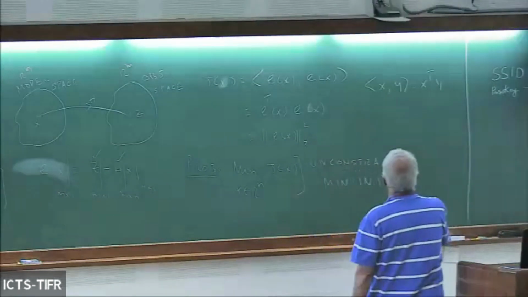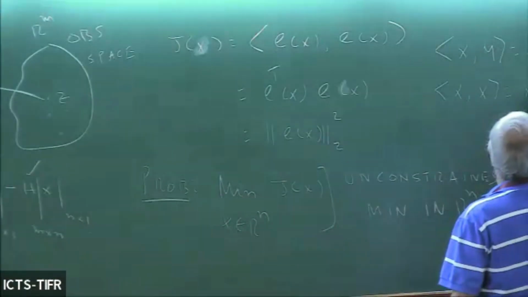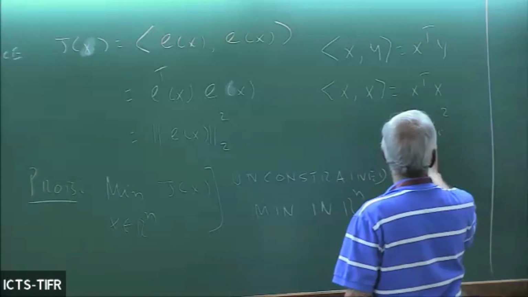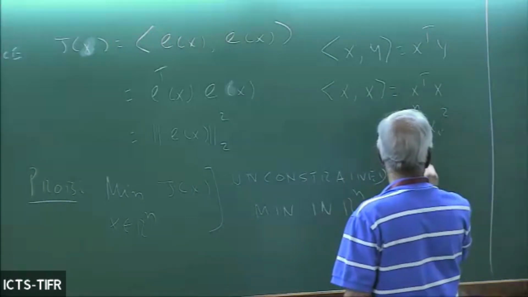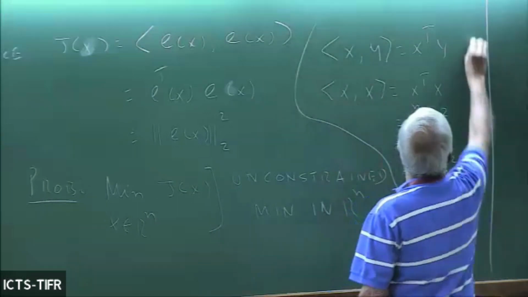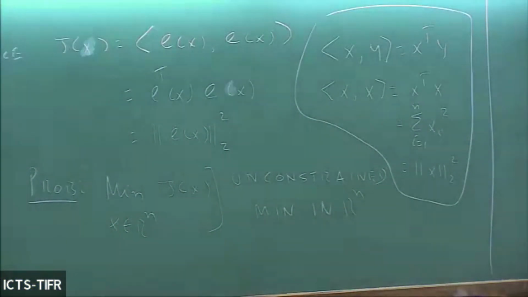And inner product of X with itself? Square of the 2-norm, the length of the vector. That's inner product. Are you with me? Good. Any questions on the formulation?